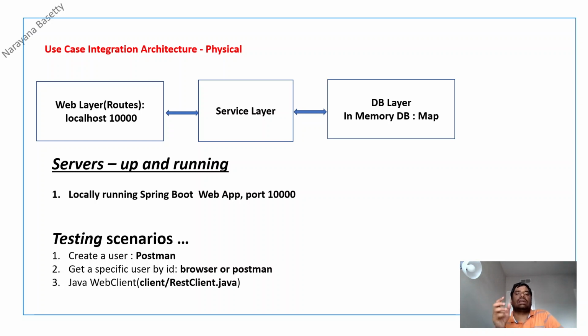If I kill my server, the contents will be erased. That is how simply we can test it. We can test with either a web browser, a Java based client, or Postman. These are different clients we can use to test this application.